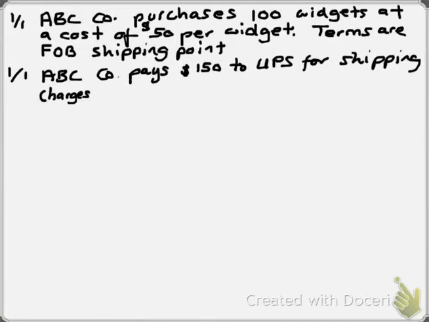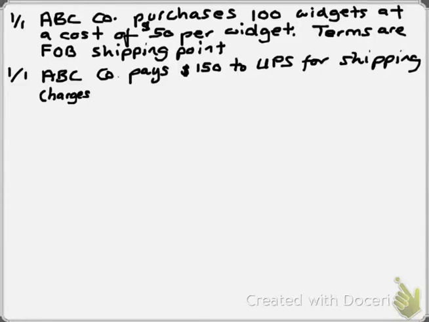Say on 1/1, ABC Company purchases 100 widgets at a cost of $50 per widget. Terms are FOB shipping point. They don't say it's on credit, so we'll assume that it's cash purchase. Then on 1/1, ABC Company pays $150 to UPS for shipping charges. Let's see how we would record this transaction.